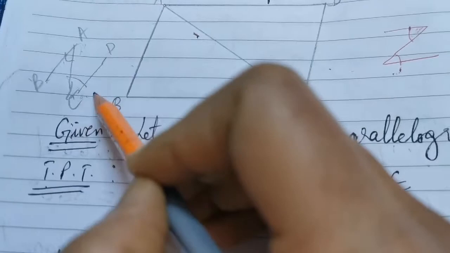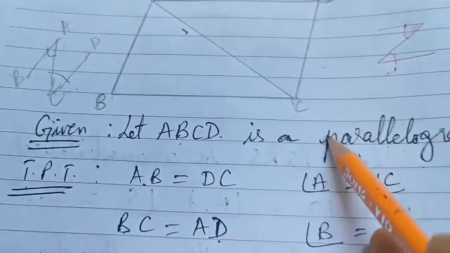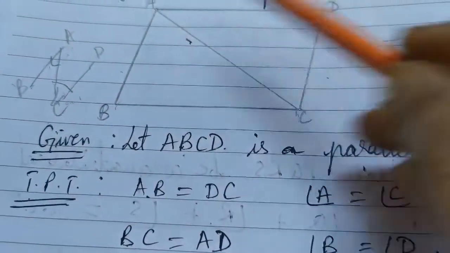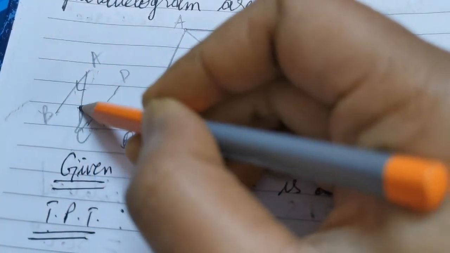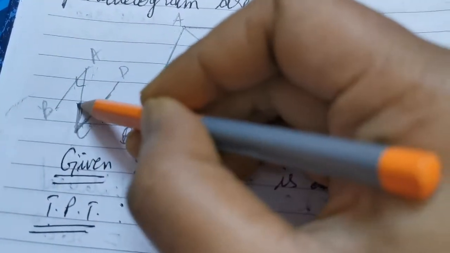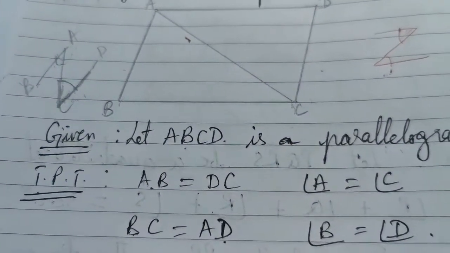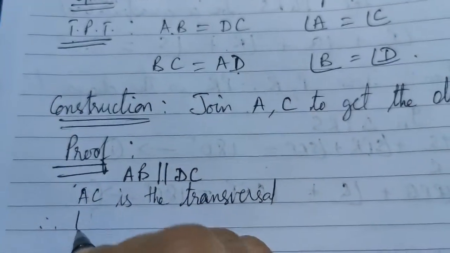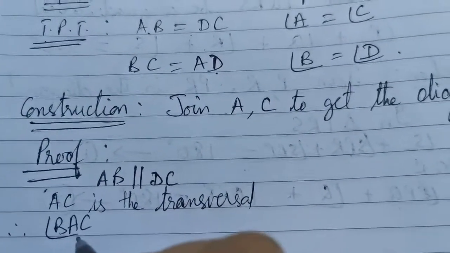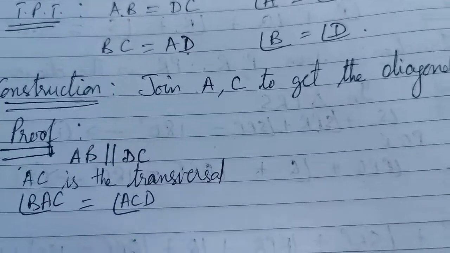These two angles are equal because they are alternate angles. So BAC and ACD, the angles formed at the corner. So I have BA and AC is the transversal. So this angle and this angle are equal. It is called angle BAC and ACD. Therefore, angle BAC is equal to angle ACD.